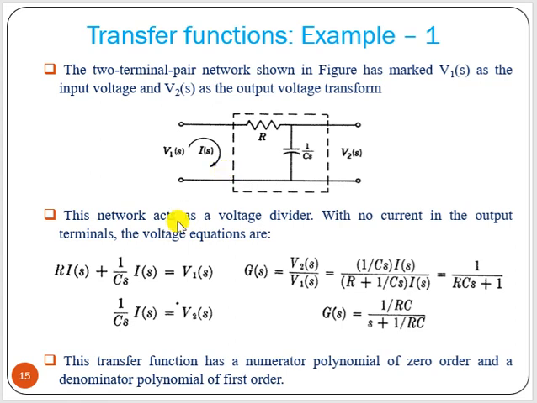Now V1(s) equals I1(s) into R plus I1(s) into 1 by sC, and V2 is I1(s) into 1 by Cs, that is across the capacitor. Now we can find V2 by V1, which is the transfer function. If we put the two equations together, we will get this particular function.